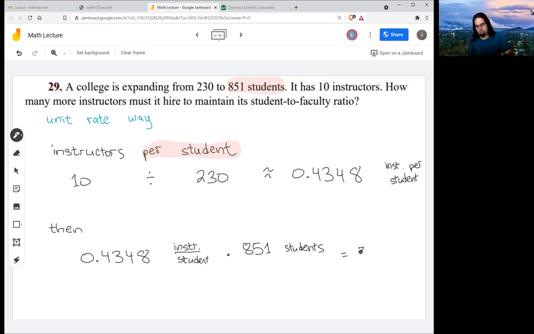And we'd get 37 instructors, just like before. And again, if it helps you to think like unit analysis, this is students over 1, so the students cancel out, and all that's left is instructors like we want.